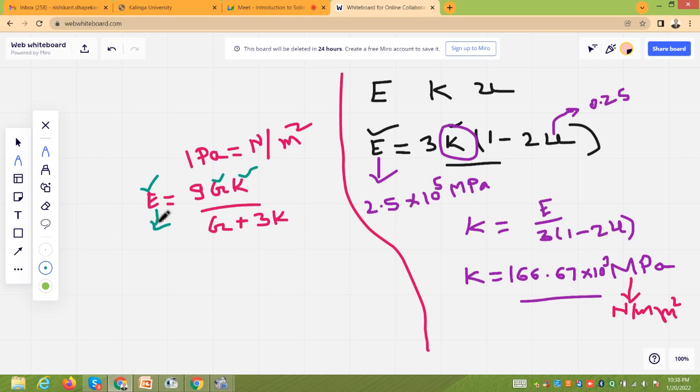If I am taking the same value here, E suppose 2.5 into 10 to the power 5, and I'm taking K value, that is bulk modulus of elasticity, suppose as 1.1 into 10 to the power 4, the units followed are, suppose, megapascal.